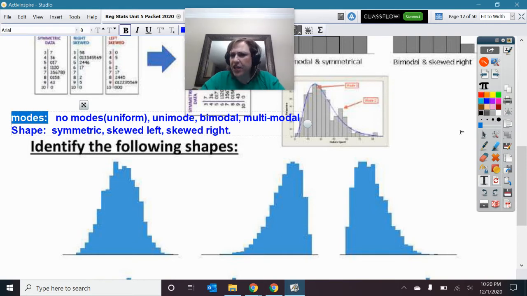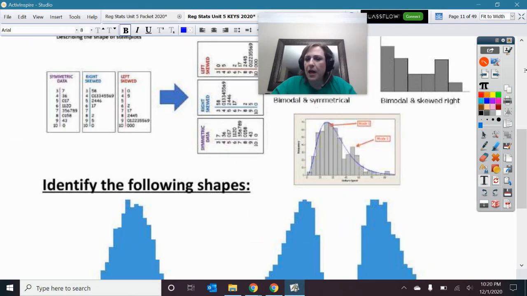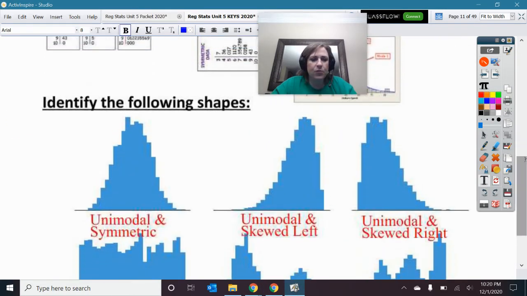All right. So let's check and see how you did. Okay. So let me get my answer key back up here. All right. This one is unimodal and it's symmetric. Here we have unimodal. Those are both unimodal, and this is like your left foot, so that's skewed left.